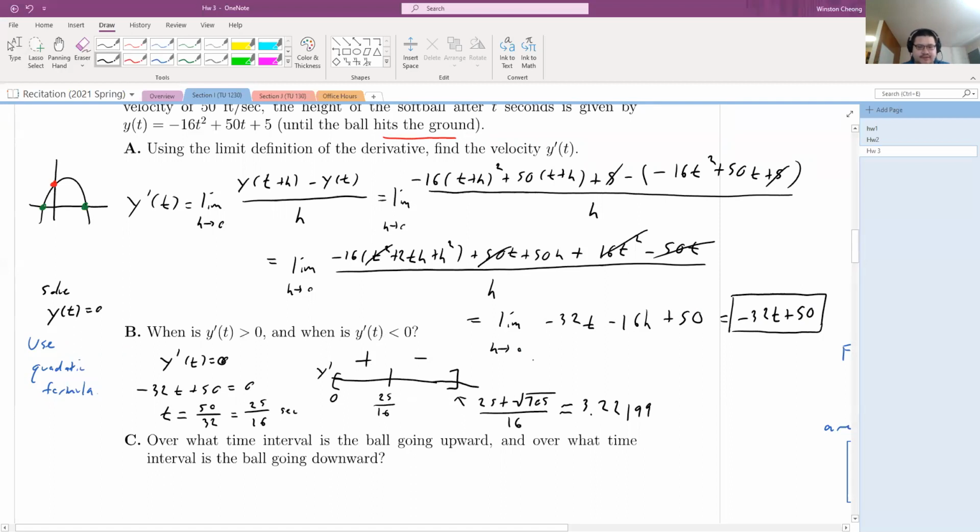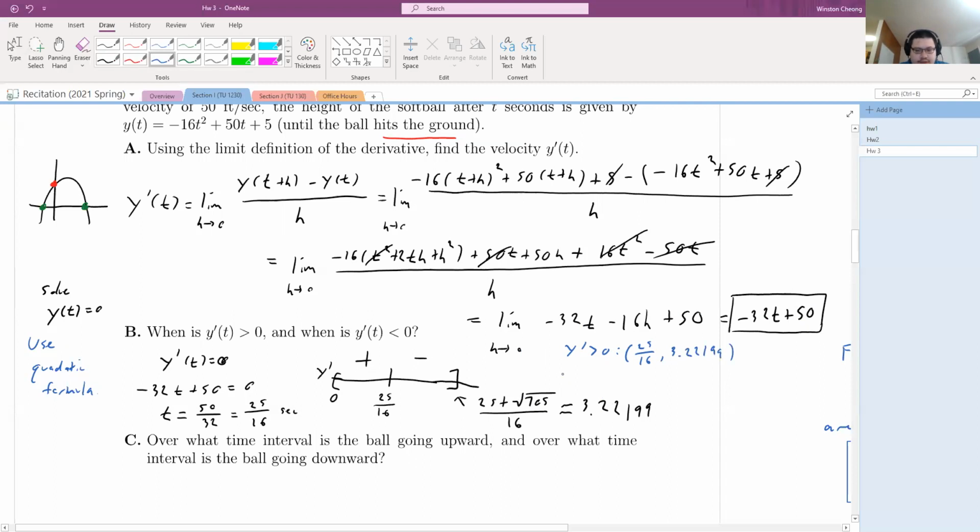But because this is a real world problem, I'll use a different color because it's a little bit crowded. So y prime is greater than 0 for the interval 25 over 16 to 3.22199. It should be open, shouldn't it, because it's equal to. I'll make it open.